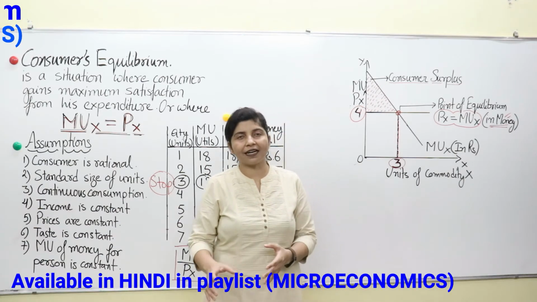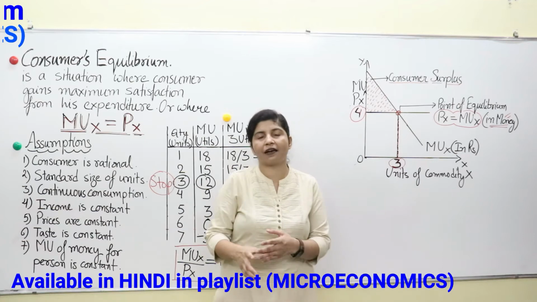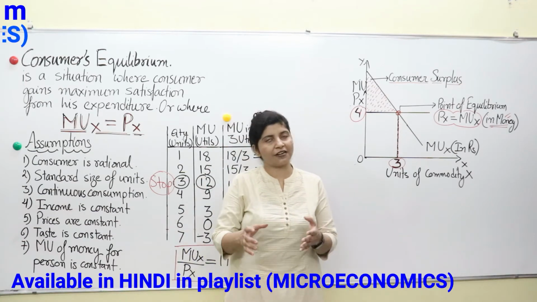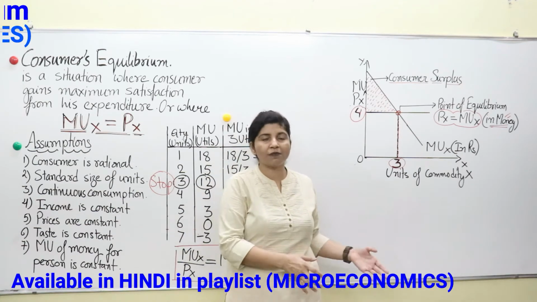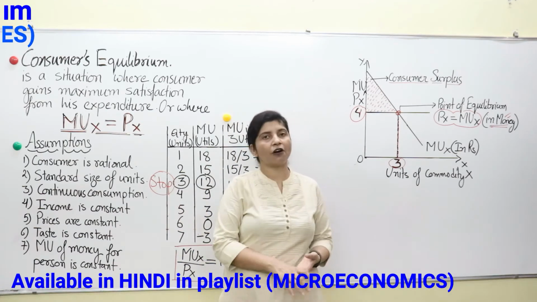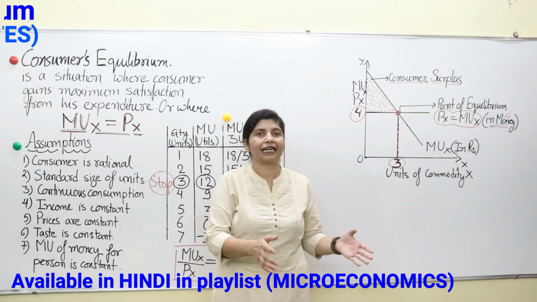We have already started a series of microeconomics and we have completed the first chapter, central problems of the economy, and our second chapter is consumers' equilibrium using utility analysis.